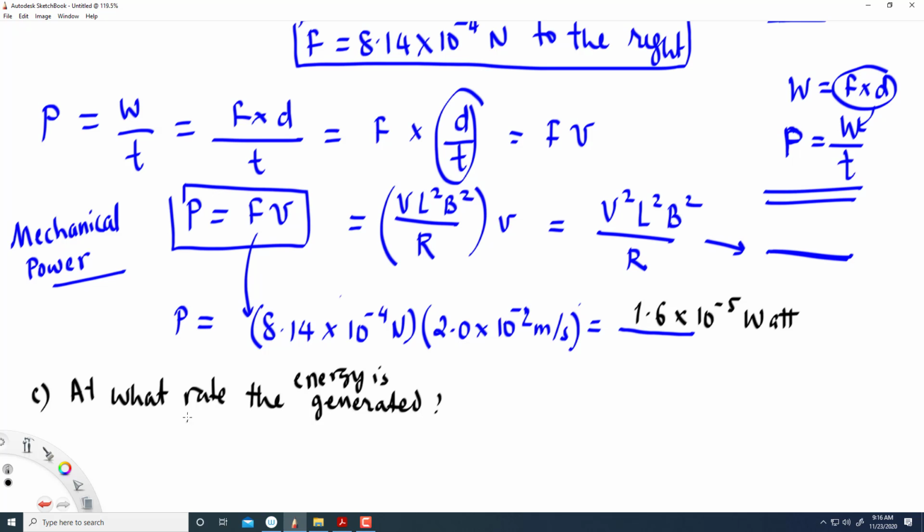So the rate at which energy is generated is also power. Power is energy over time, which is also work. Energy and work are more or less the same thing, because you need energy to do the work. If you do work, the work is stored in the form of energy. So work and energy are the same thing.